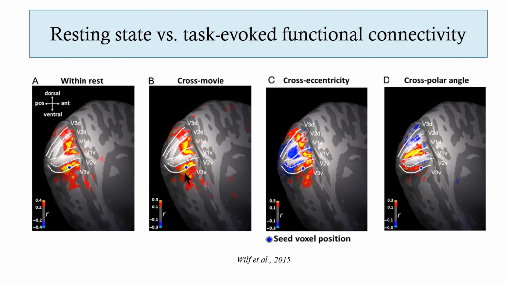Now, if you present the subject a movie and do some type of inter-subject functional connectivity, you can see this pattern somewhat looks similar, but there are some differences as well.